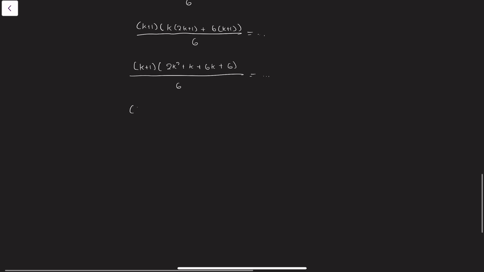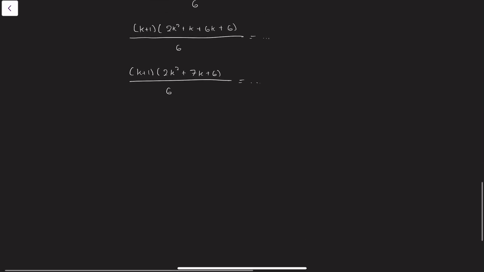Now let's factor inside that big bracket. Straight away we can see 2k squared plus 7k plus 6, and then we can factor this in the next step. Factoring two numbers that multiply to 12 and add to 7, that is 3 and 4. So we can have 2k squared plus 3k, and 4k plus 6, all over 6.